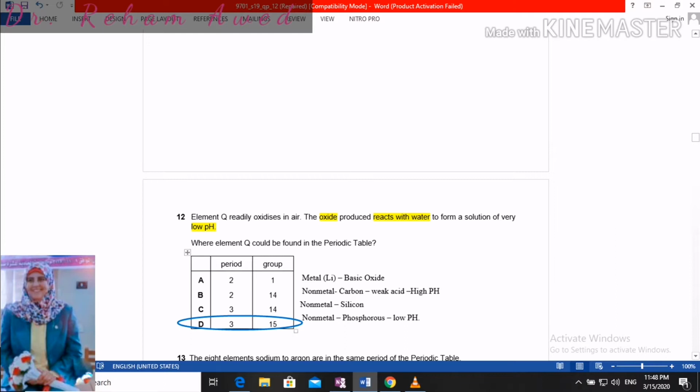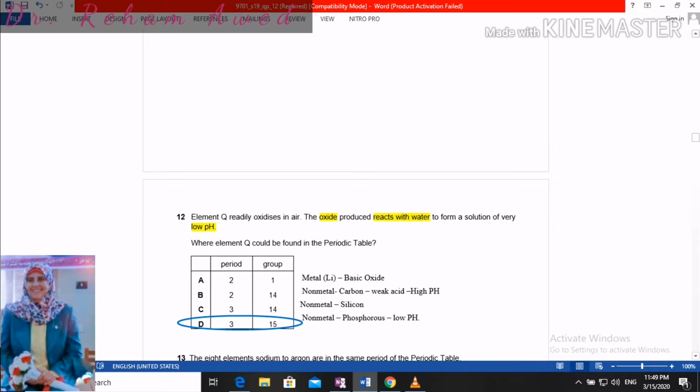First choice, period 2, group 1. Period 2, group 1, we are talking about lithium. Lithium is metal. Metal oxides are basic oxides. pH of basic oxides is more than 7. Number 2. Group 14, it is non-metal, carbon.